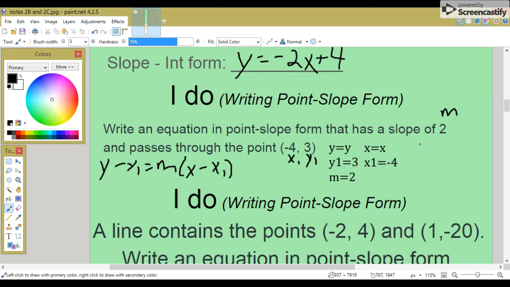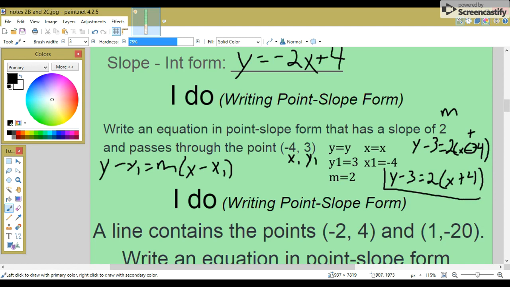We have y minus 3 equals 2 parentheses x minus negative 4. Two negatives multiplied together make a positive. So your point-slope form is y minus 3 equals 2 parentheses x plus 4. And that is your equation.